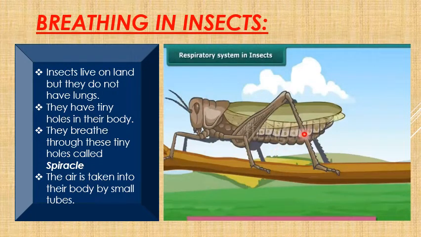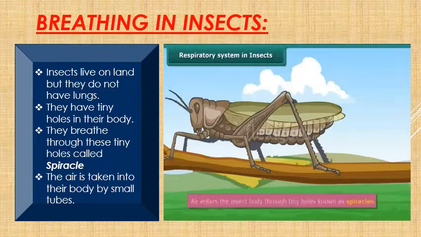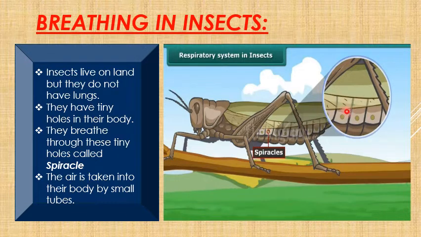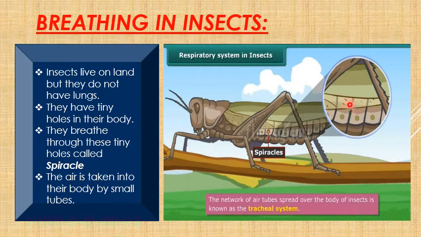Here you can see that there is a grasshopper. You can see these holes, these dot-like structures. These dot-like structures are actually spiracles. So these tiny holes take in oxygen. If we zoom in, it looks like this.